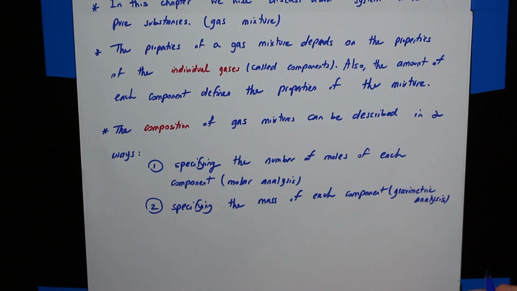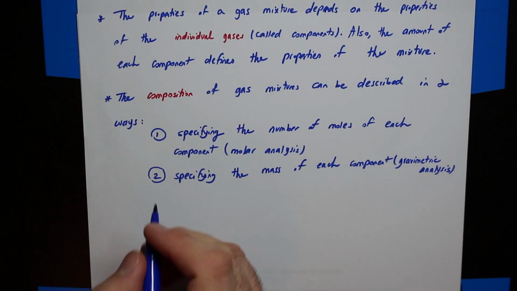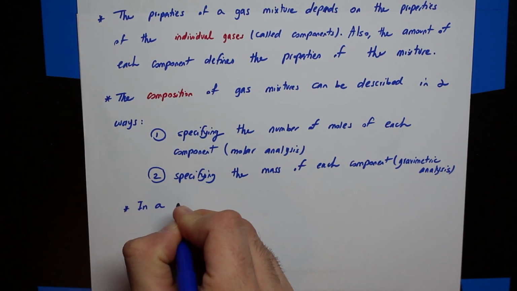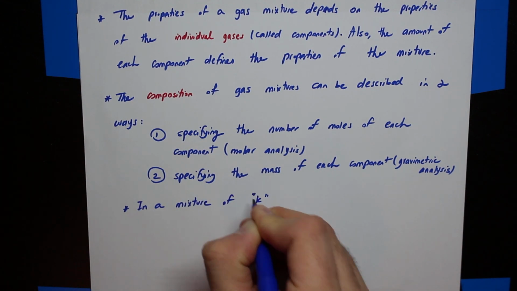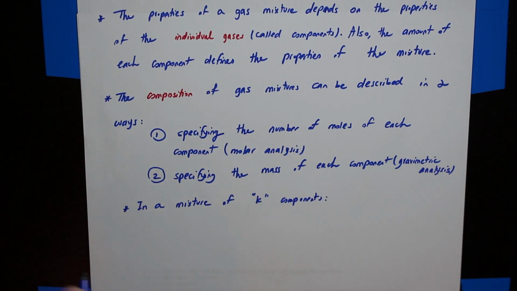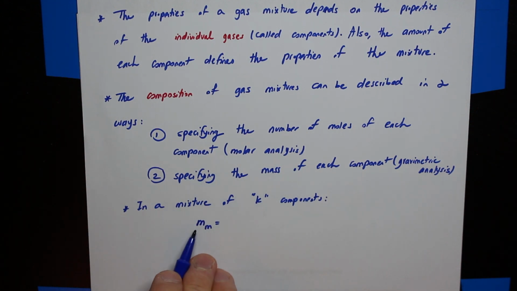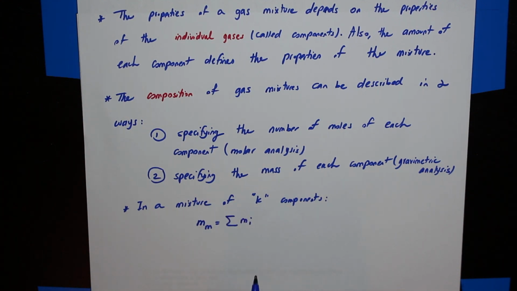Okay, so in a mixture with k number of components, I can write the mass of mixture based on this. The mass of mixture, showing with m, lowercase m standing for mass, and this subscript m standing for mixture, is the sum of the mass of each component.